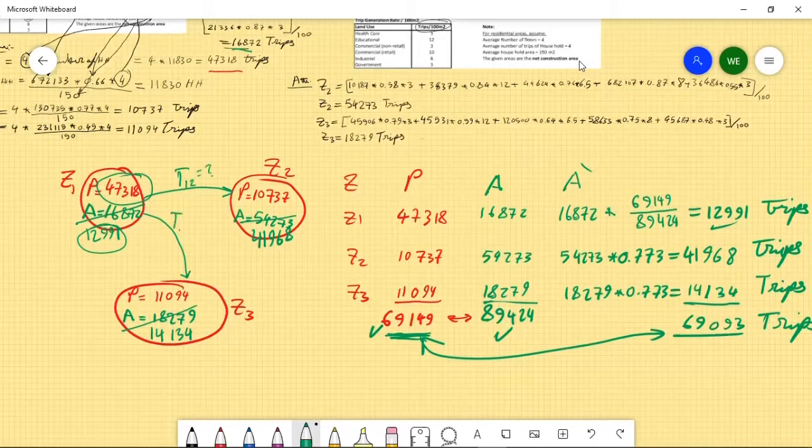Trips between 1 and 3 equal how much? The same also, trips between 2 and 1, between 2 and 3 equal how much? And the same for trips from 3, how they are going to distribute to the other zones. So that leads us to the next step in the 4-step transportation planning process.